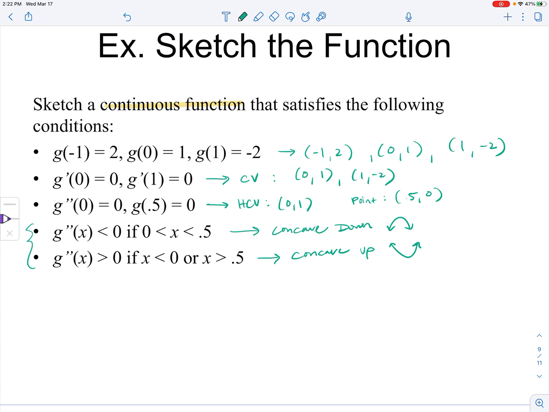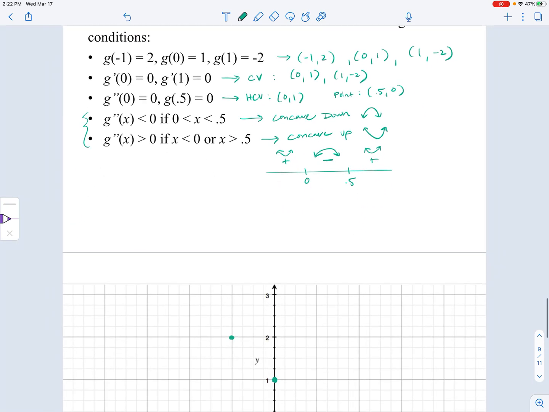Which means concavity is changing at 2 points. So there's 2 points of inflection. It's maybe a little bit easier to see if I make the analysis line with the hypercritical values. We're given 0 as a hypercritical value, but I believe 0.5 is also a hypercritical value because concavity is changing there. So positive, concave up on the outside, and then concave down between 0 and 0.5.